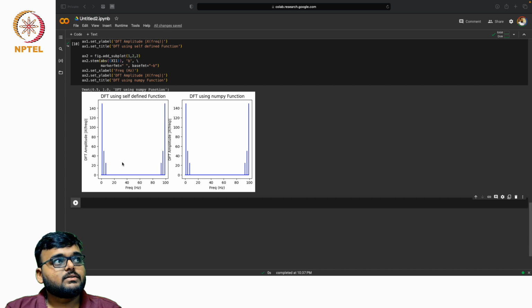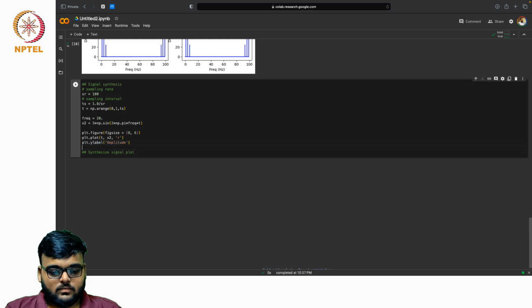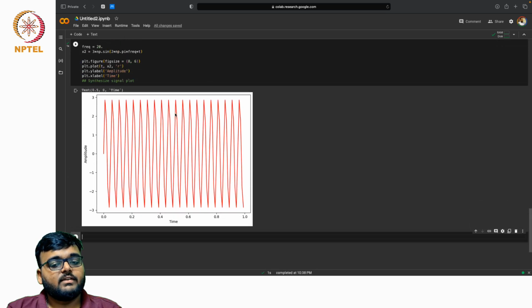So let's take a simple sine wave here. We will put another label, x label, and then time and enter. So we have a high frequency sine wave here.